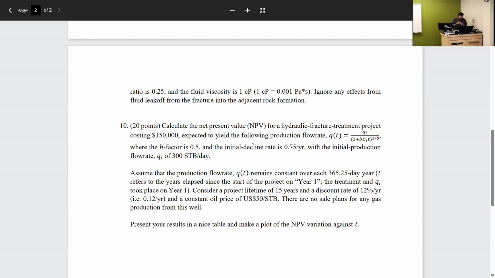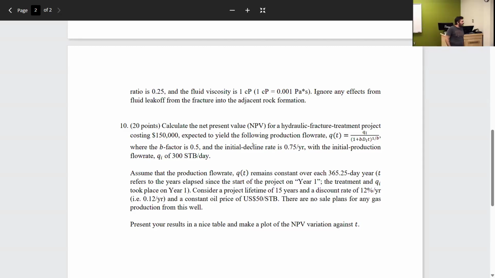And then at year 15, you're basically making only something like, I calculated it as 8 barrels a day on the last year. And the cash flow would be like 140,000. It doesn't add a lot to the NPV, but it does something.